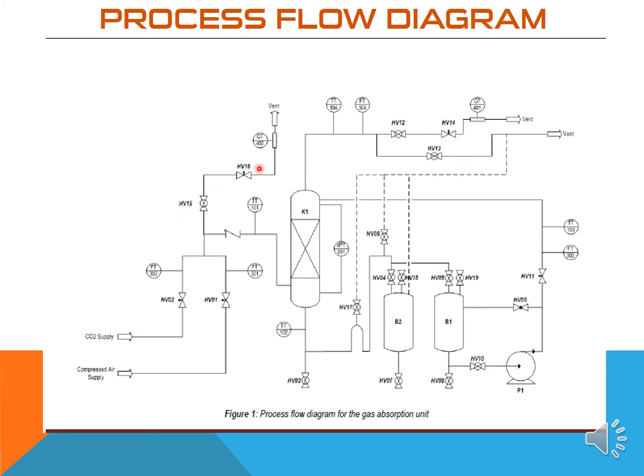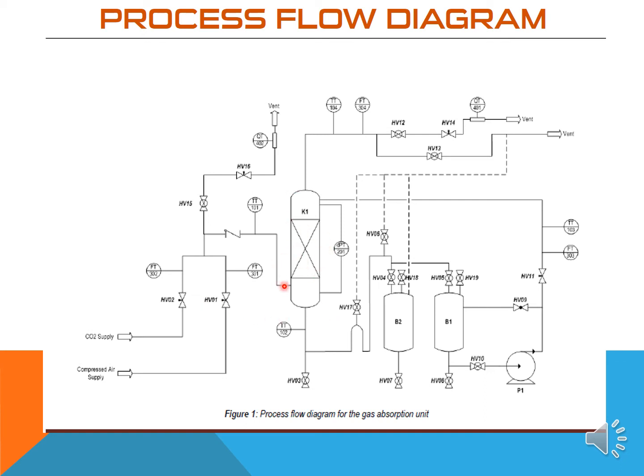Okay, fill the feed tank through the charge port with 30 liters of water by opening valve 04, valve 07 and valve 17. The third one is to open and adjust valve 01 here, which is the air supply, to give a flow rate of 30 liters per minute of air into column K1.